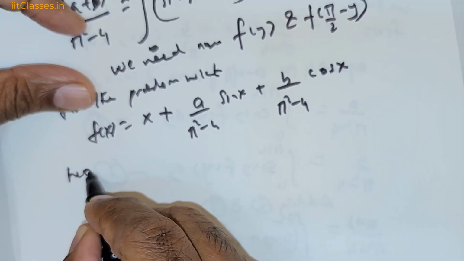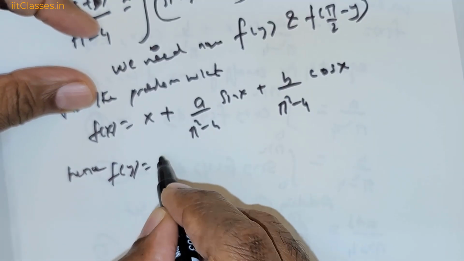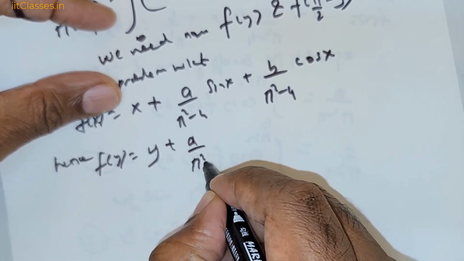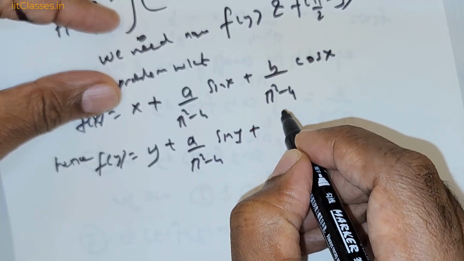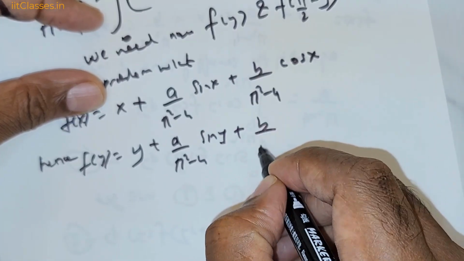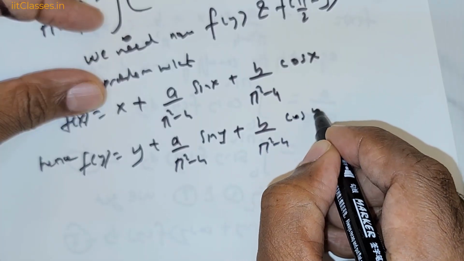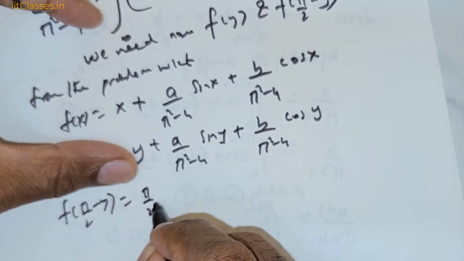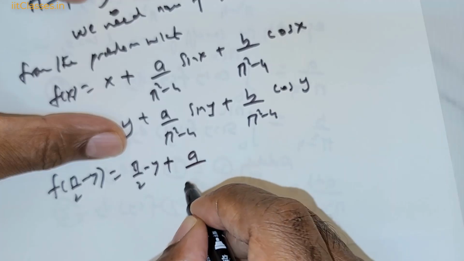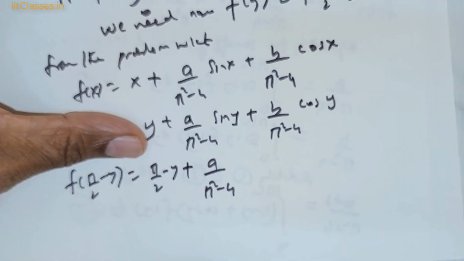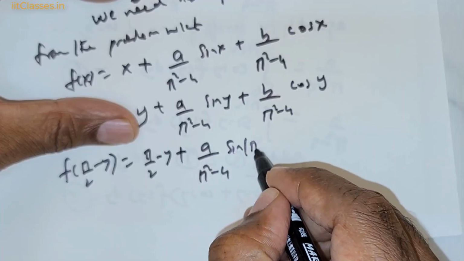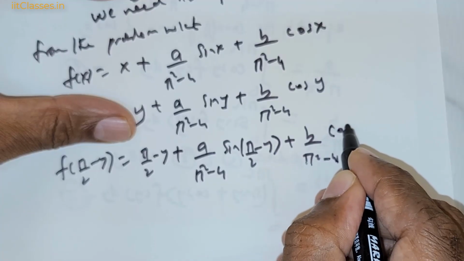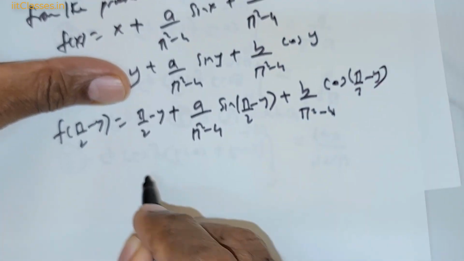So for x equal to y, f of y is equal to y plus a over pi squared minus 4 sine y, plus b over pi squared minus 4 cos y, and f of pi over 2 minus y is equal to pi over 2 minus y plus a over pi squared minus 4 sine of pi over 2 minus y plus b over pi squared minus 4 cos of pi over 2 minus y.